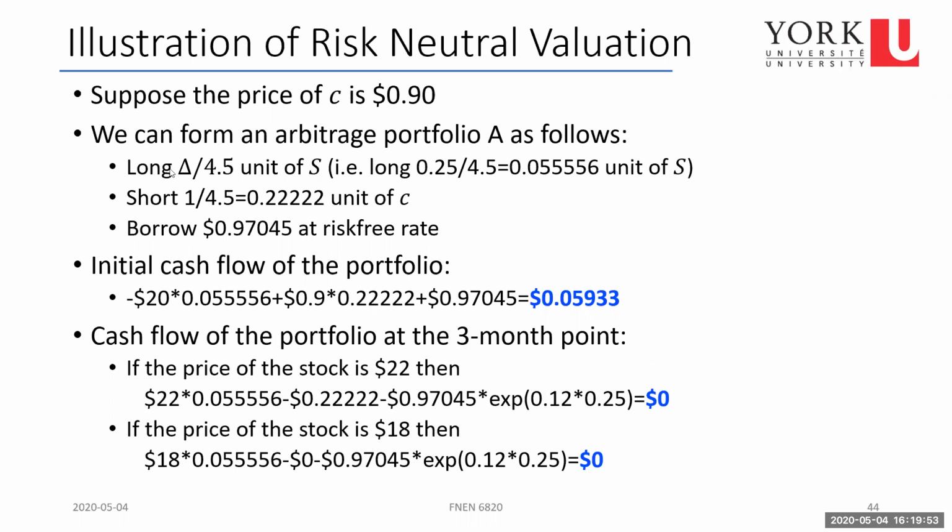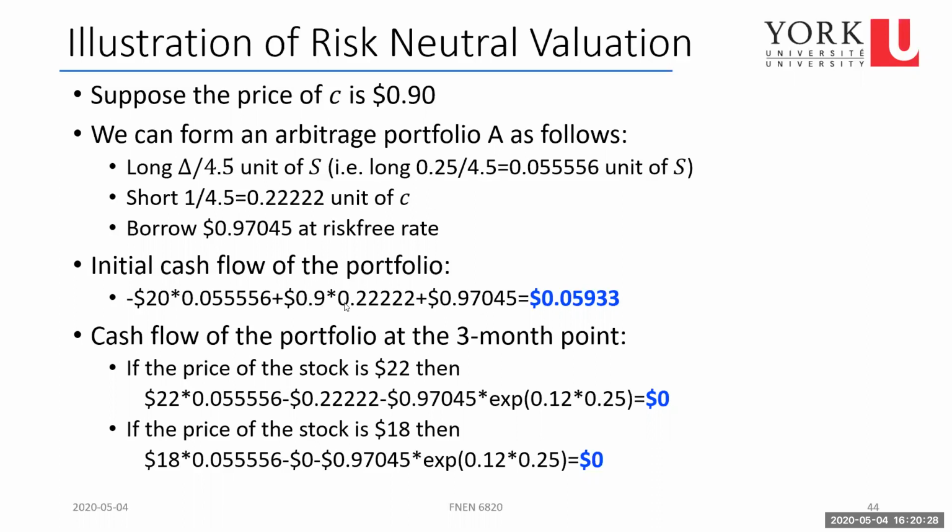Initially, in this particular portfolio, what is your cash flow? You have bought this number of shares, each at $20. So it's going to cost you some money, so it's negative here. And you have borrowed money, that's why there's this inflow of 0.97.